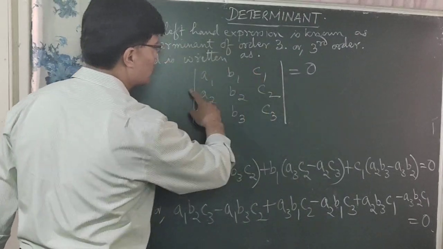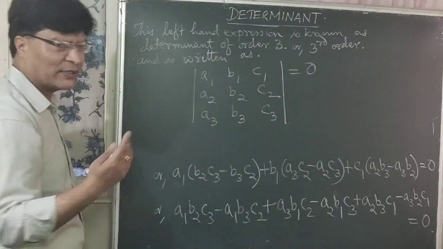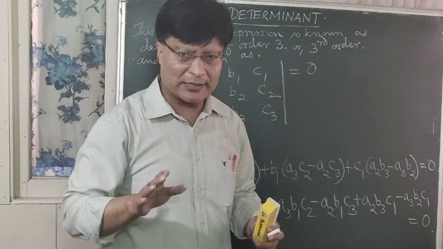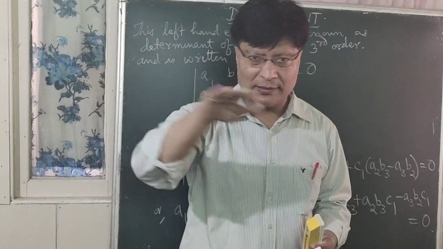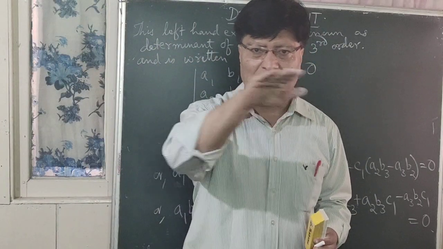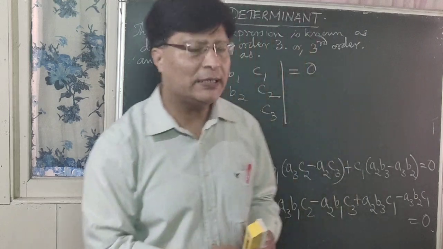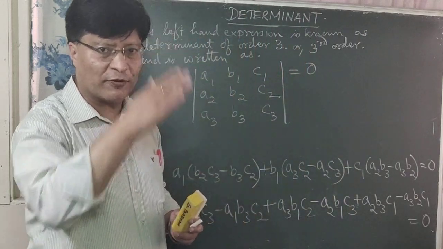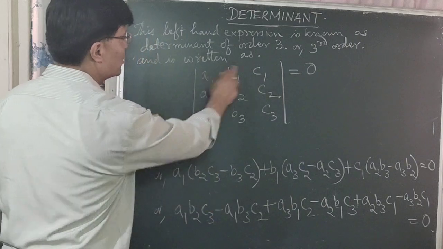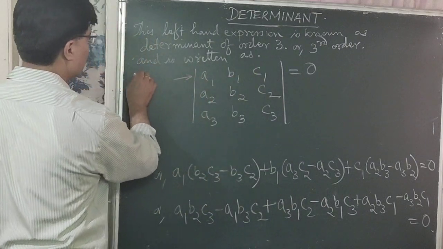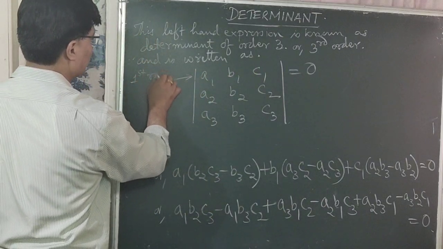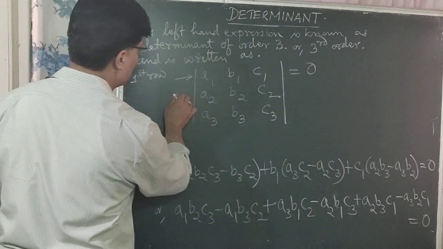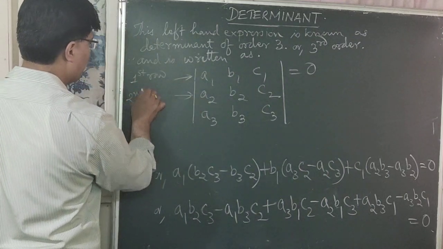This is known as the first row, this is second row, and this is third row. You know that. Rows means, in this case, horizontal, right? Rows are horizontal, and columns are vertical. This is the first row. This is your first row. First row, okay?